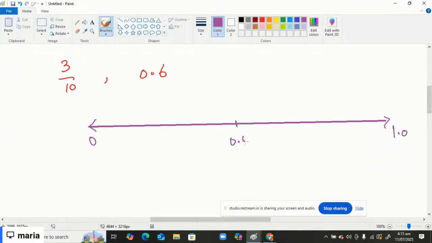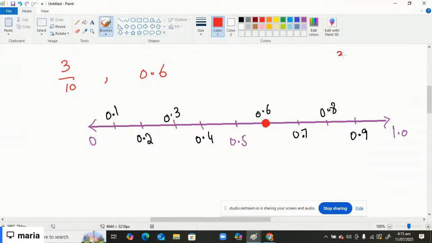This is 0.5. 1, 2, 3, 4, 5, 6, 7, 8, 9. 0.1, 0.2, 0.3, 0.4, 0.5, 0.6, 0.7, 0.8, 0.9, and 1.0. Now where does 0.6 lie? It lies here, that is 0.6.